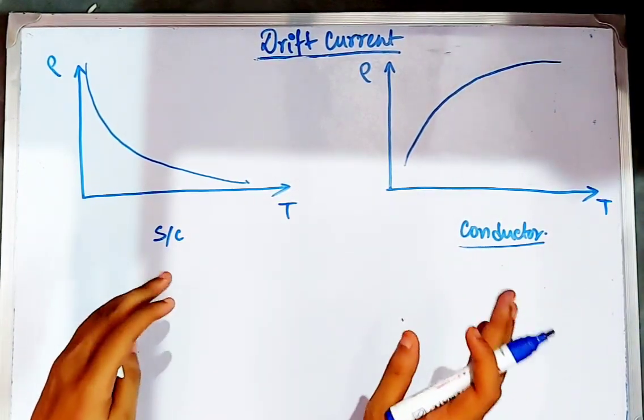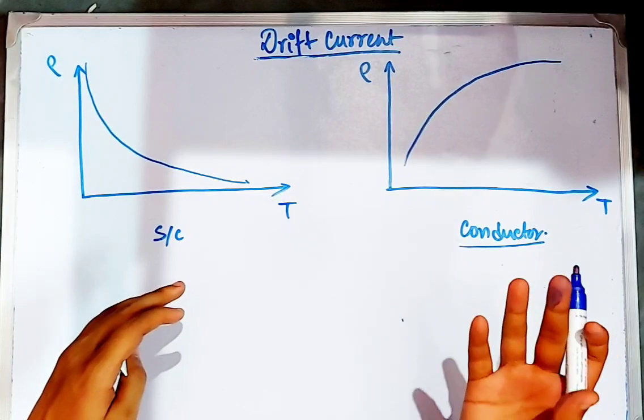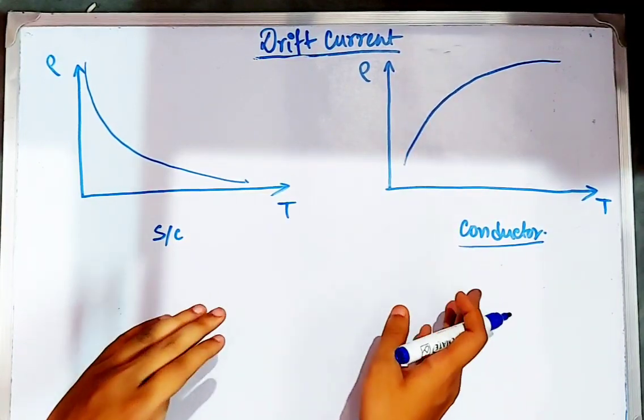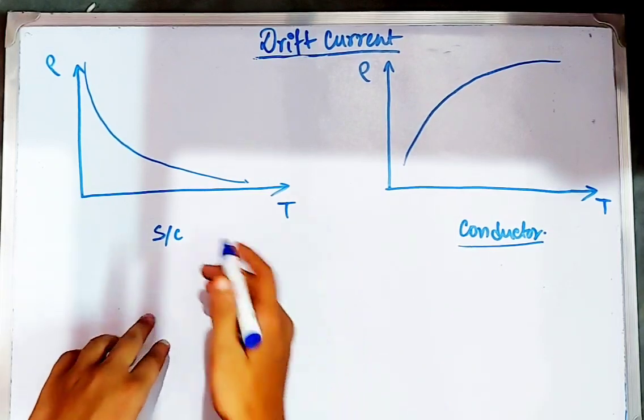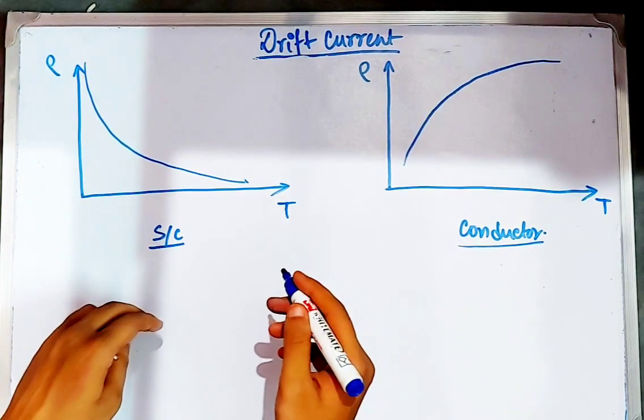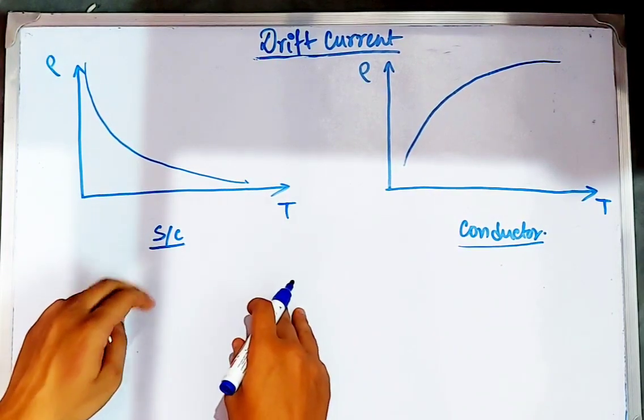The more I increase the temperature, the more it will resist the current, which is exactly the opposite of the scenario shown in case of a semiconductor.